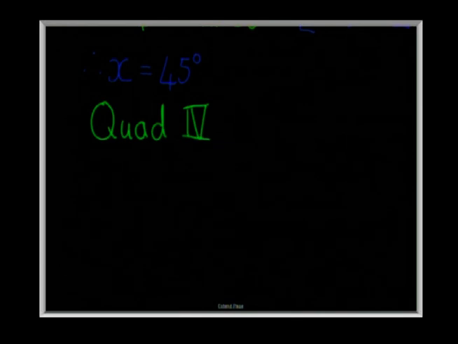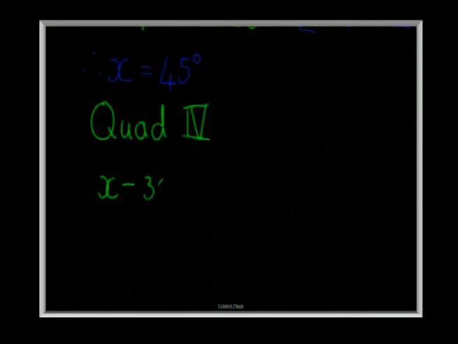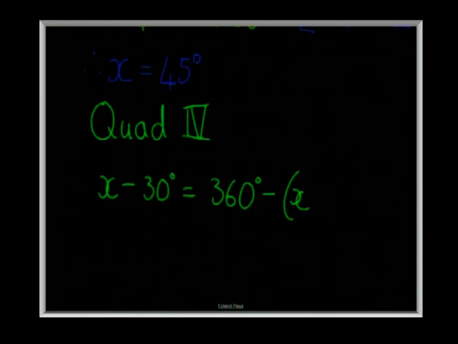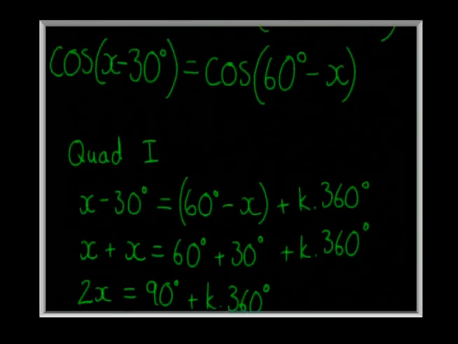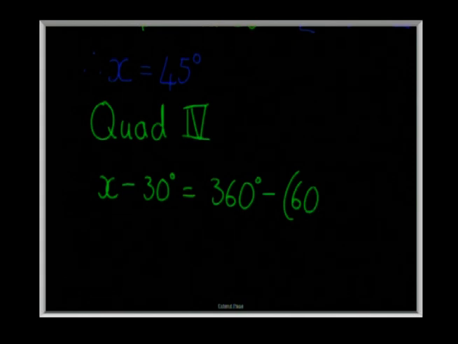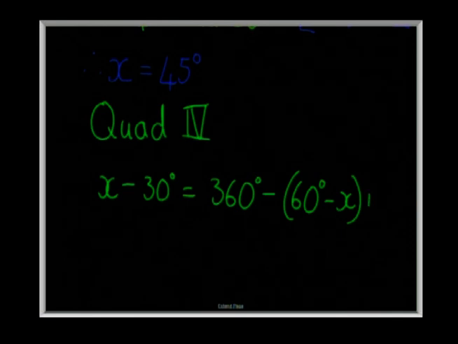So we're going to have x minus 30 degrees is equals to 360, and this is where it helps to have the brackets, x minus 60 degrees. I'm sorry, that's my mistake. It is 60 minus x degrees. Always good to check your work as you go. 60 minus x degrees plus k times 360.